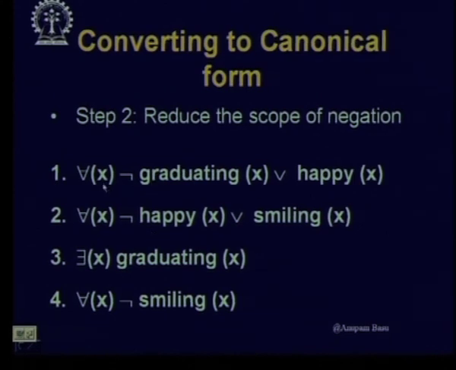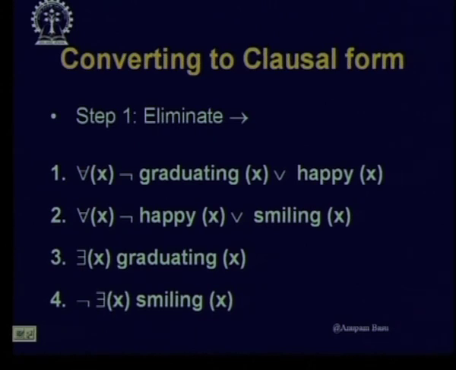So, here you see the next step to do that is to reduce the scope of negation. All right. So, let us have a quick relook at what we had after doing this elimination. Now, you see, for the first two, the scope of the negation is over this predicate graduating x.